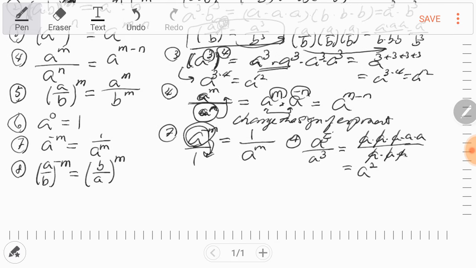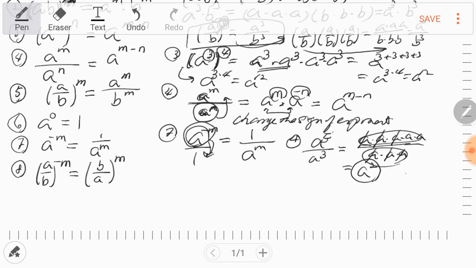Basically, we got a squared by subtracting the number of a's in the denominator from the number of a's in the numerator. There were 5 here and 3 here.